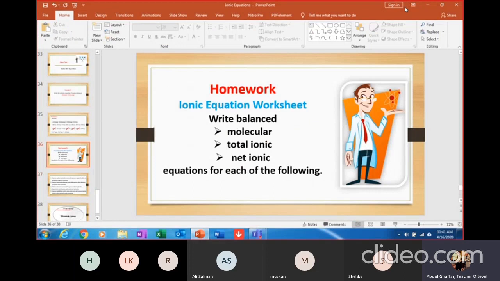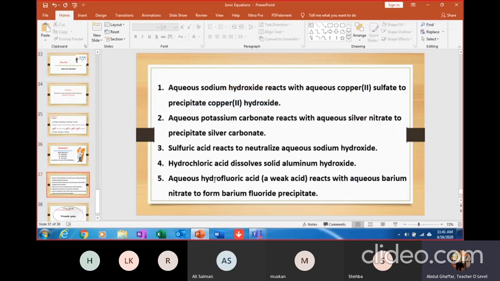And look at this one, what you people have to write. Write the balanced molecular equation, then the total ionic equation, then finally the net ionic equation for this reaction, as I told you right now. These are the questions. Aqueous sodium hydroxide reacts with aqueous copper sulfate to precipitate copper hydroxide.